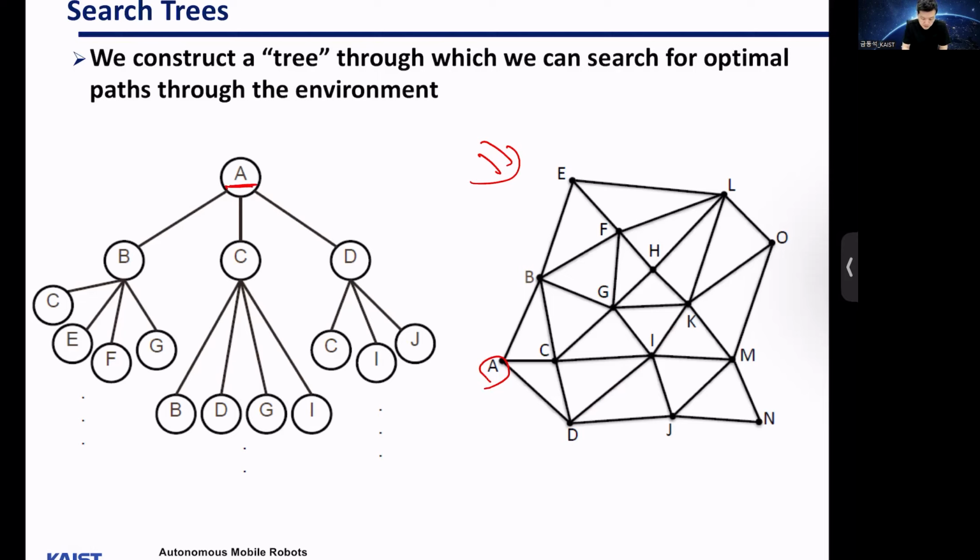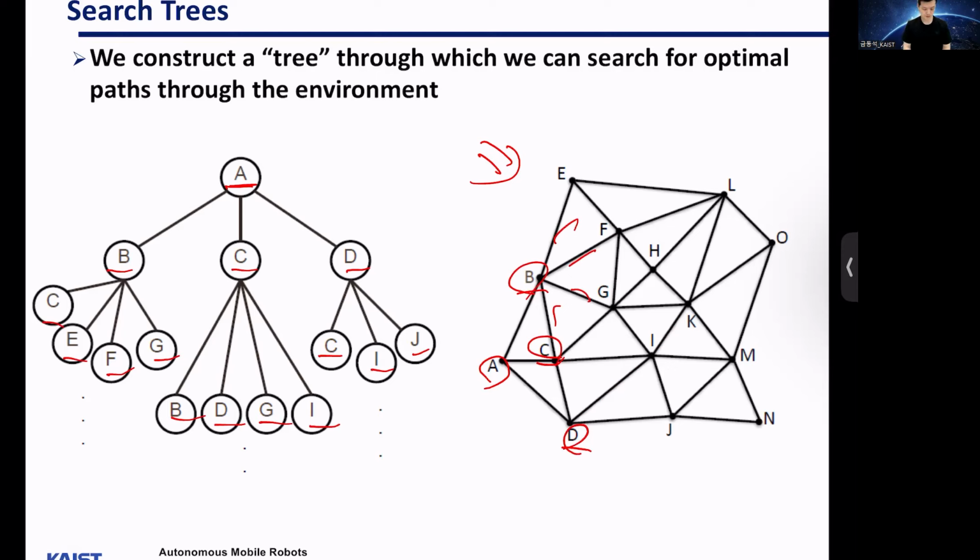You have an option of B, C, and D, and that's what you're creating as a branch of a tree. And then you can branch out from those points to more options. So C, E, F, G, B, D, G, I, C, I, J, and we can continue with these combinations.